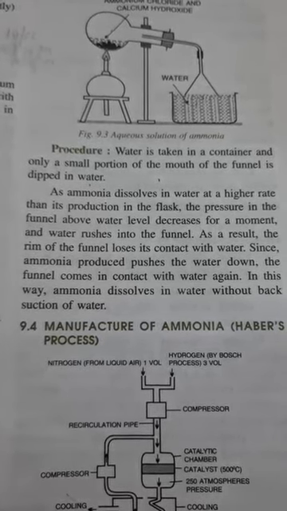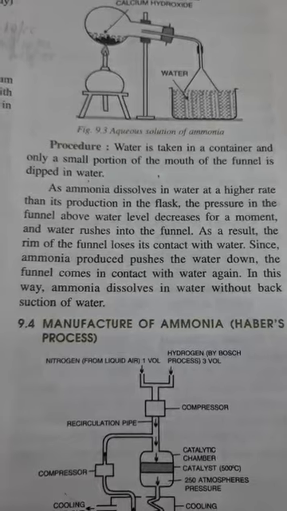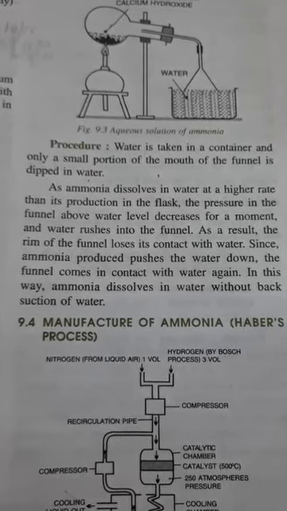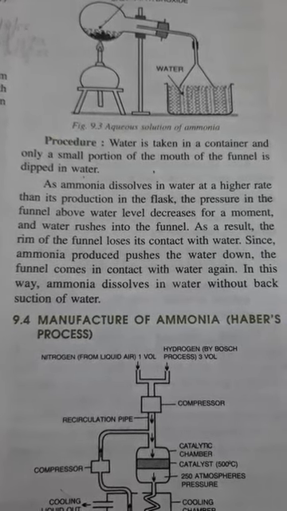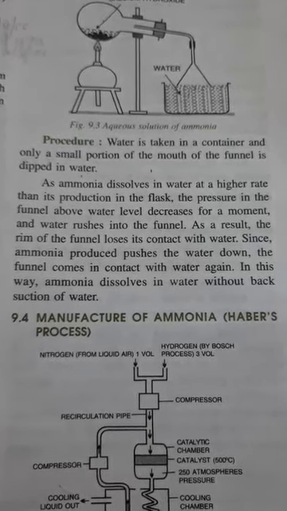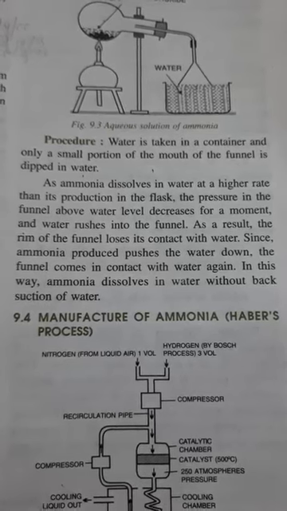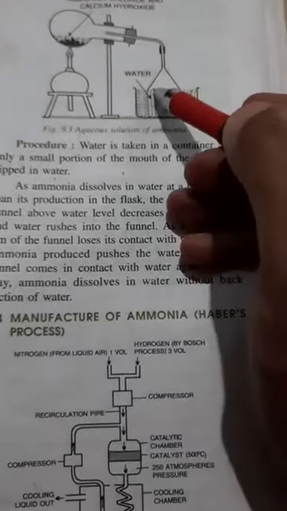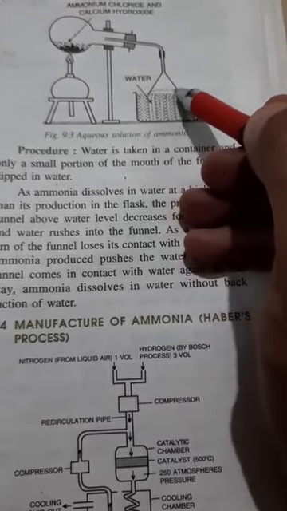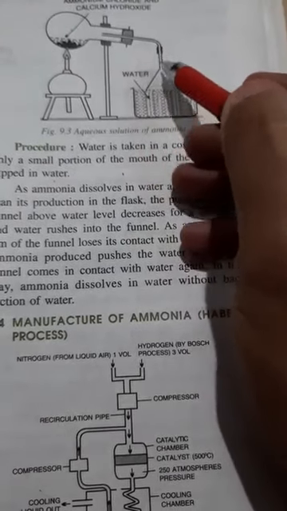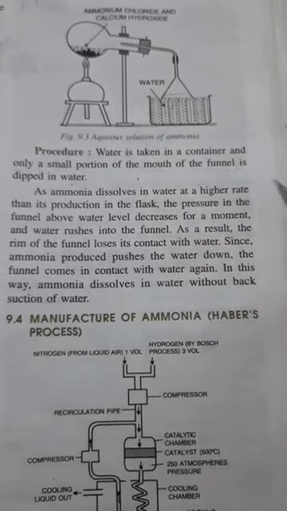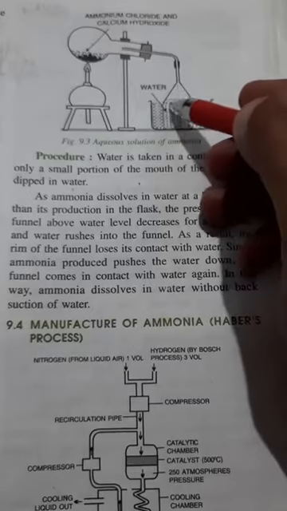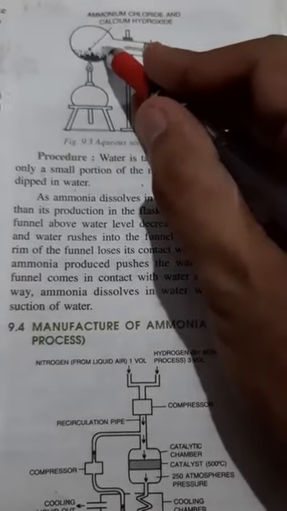As a result, the rim of the funnel sometimes loses contact, because production is less and dissolving is fast. The ammonia produced pushes the water down, and the funnel comes in contact with water again, right? There is a certain rising of the water here, but the gas pushes that water, because there is a little bit of gap over there.